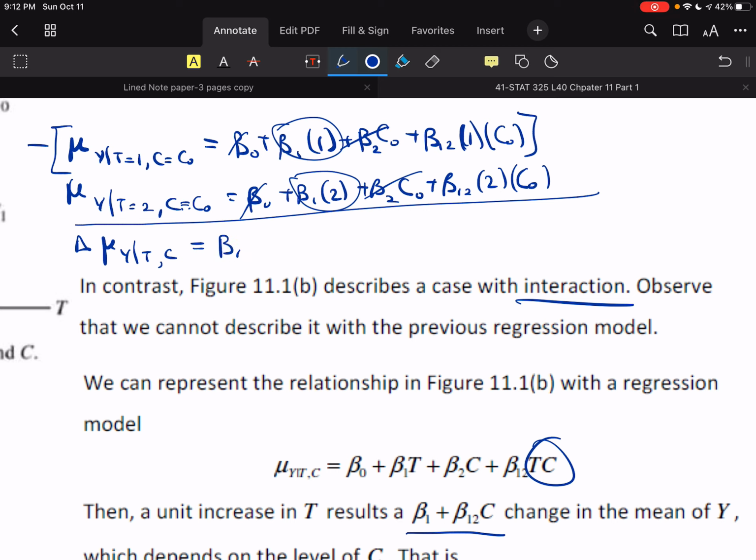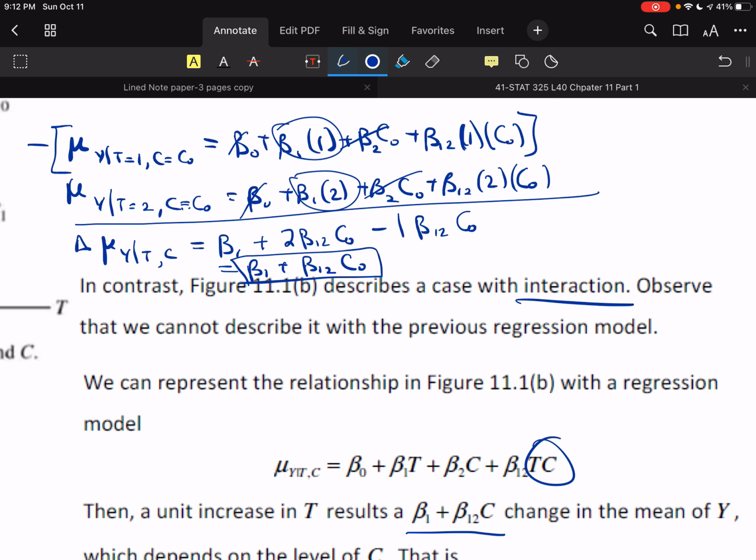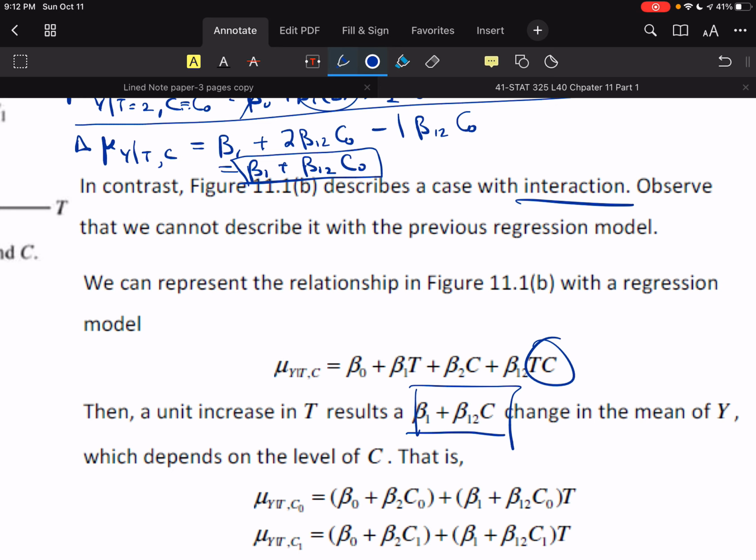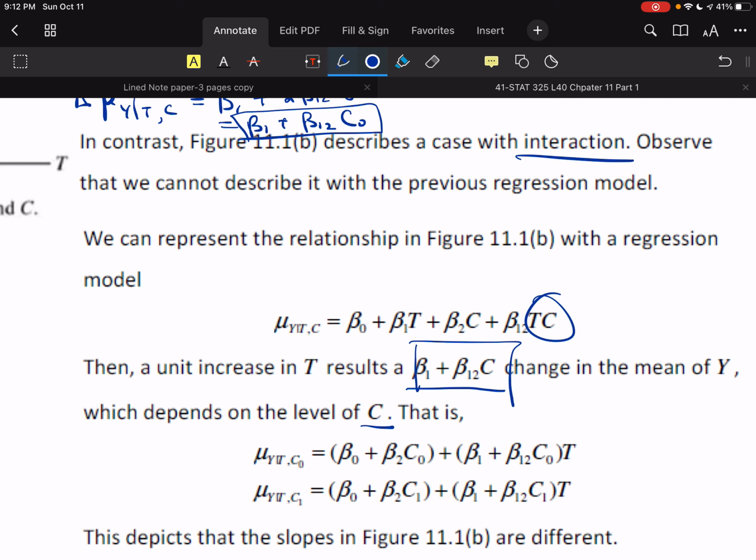That's going to be beta 1 plus 2 beta 1 2 times c0 minus 1 beta 1 2 c0. And so that's going to equal beta 1 plus beta 1 2 c0. So that's how we got that, all right? And it depends on the level of c. So we have to have two equations, one for c0, one for c1.